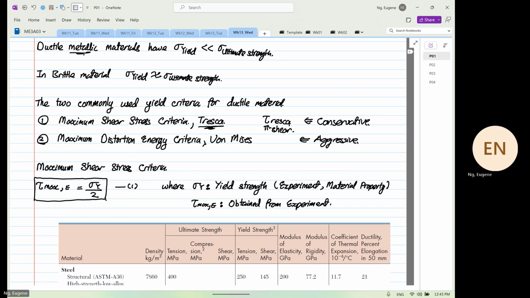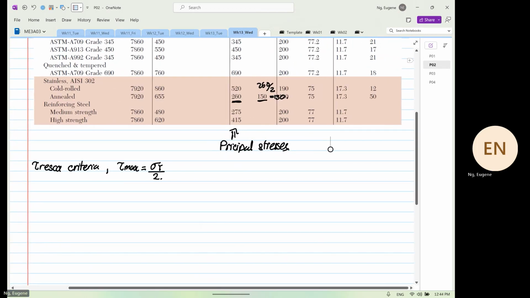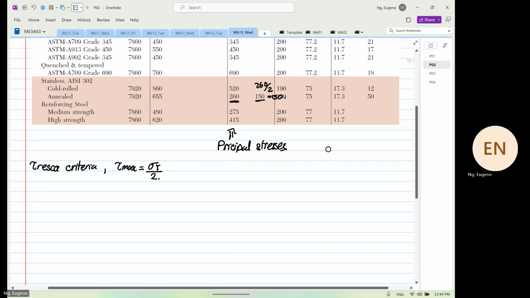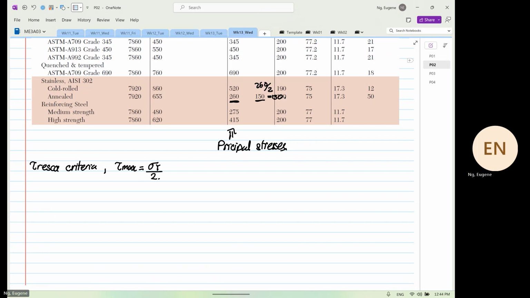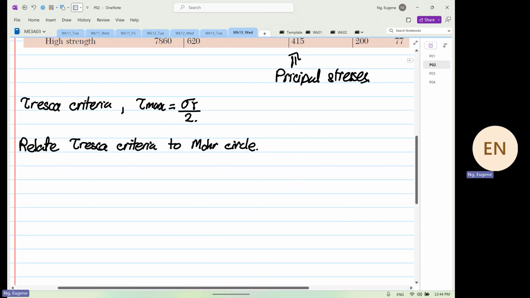Okay. So the next thing that we want to do now is we want to relate Tresca criteria to Mohr's circle.